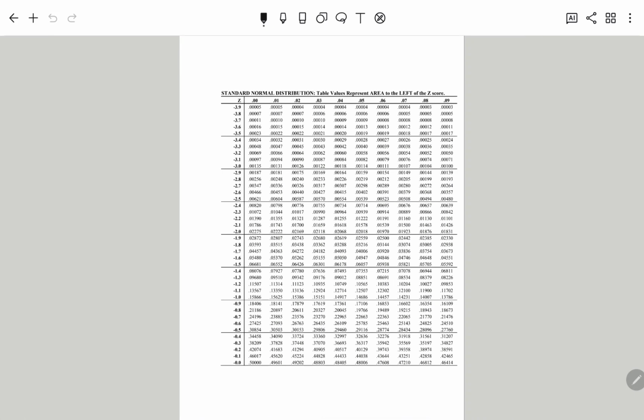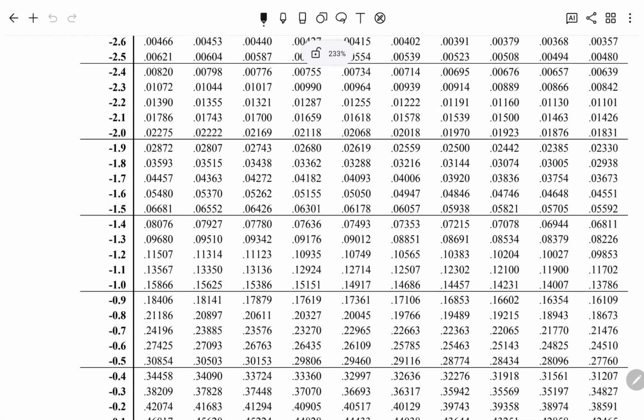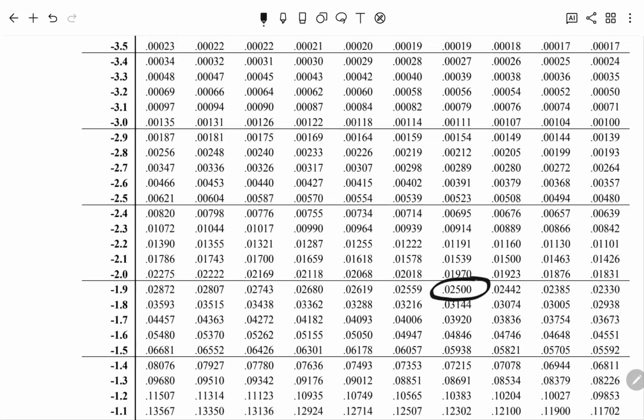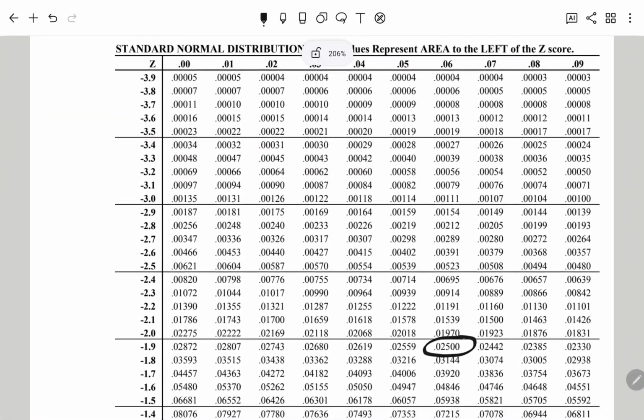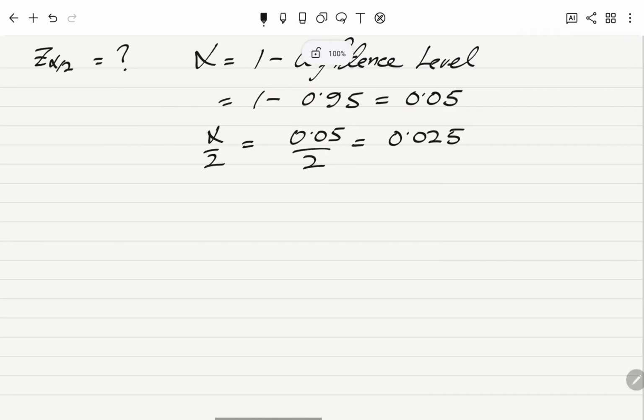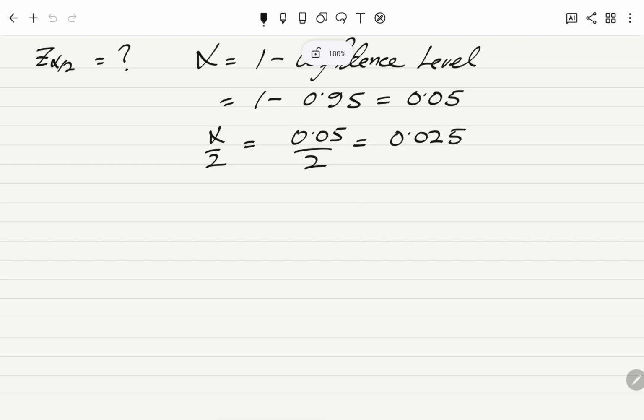So if I look at the table here, I can zoom in a little, and then I can see there's 0.025 here. So the corresponding z-score for that is going to be negative 1.96. So you can go back. So we found that our z value, z of alpha over 2, was negative 1.96.